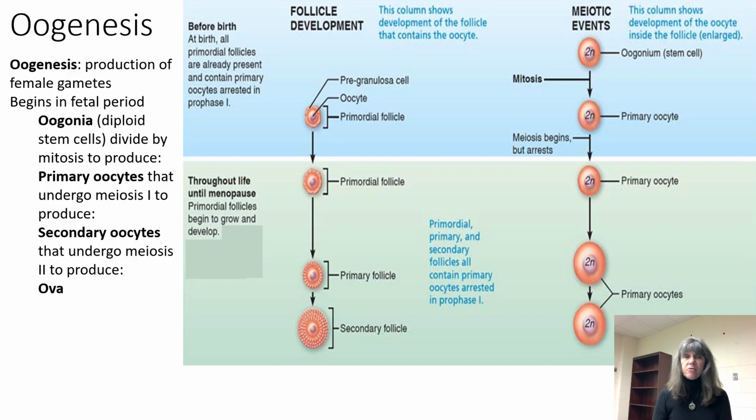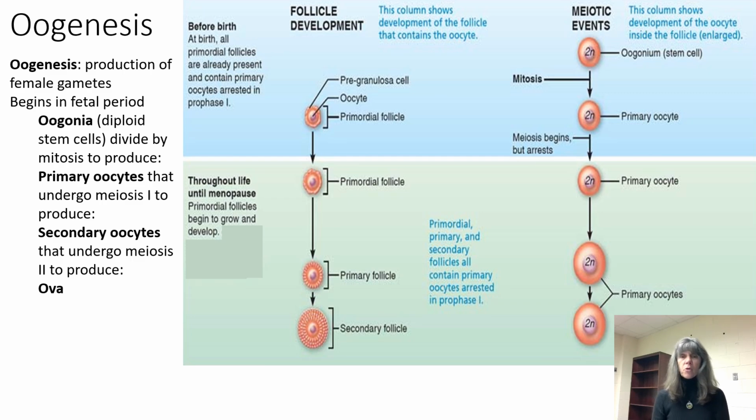And before birth, there are little areas known as follicles, and specifically primordial follicles, that are already present in the ovaries and contain primary oocytes that are arrested at that point in prophase 1.